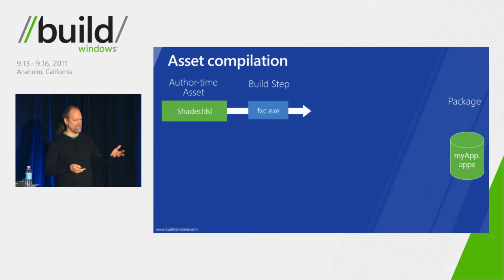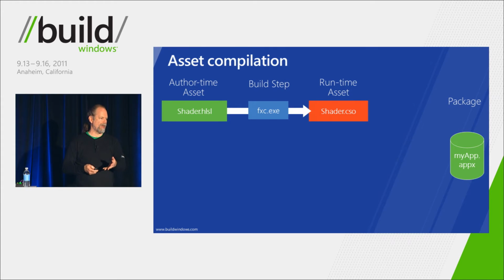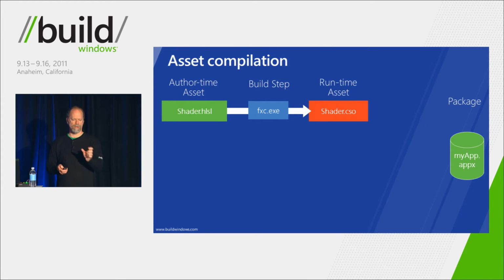Well, in the case of shader, we have this fxc.exe tool, which is provided as part of the Windows SDK, and the VS IDE knows where that is and invokes it with a built-in rule on all the shaders that you've got. And then what you get back from that is this concept of a runtime asset, which is the highly optimized piece that we're going to put in the package.